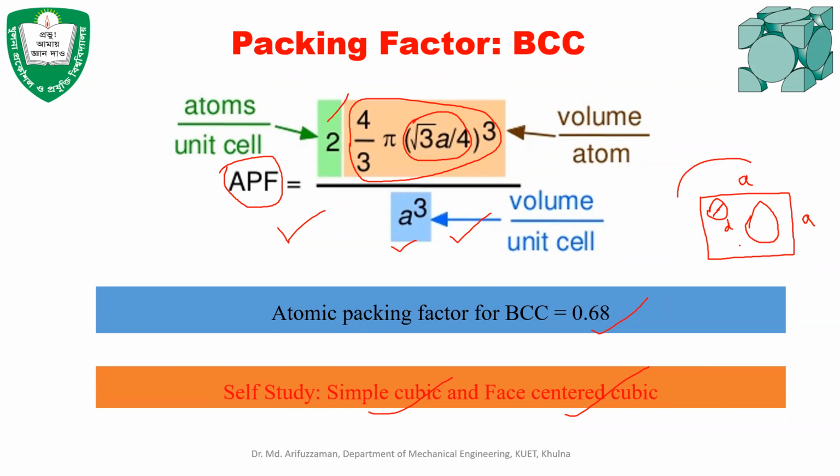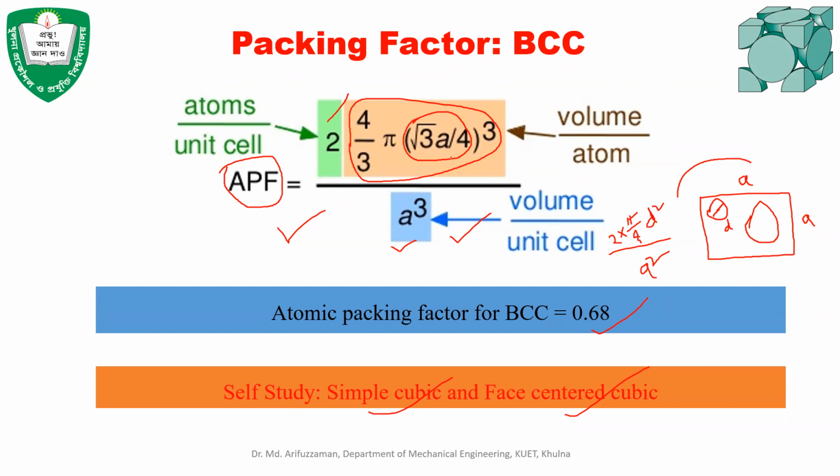To calculate that, we need the total area, which is A square, right? And the area of each atom. One atom has area pi by 4 d square. This is the area of one atom. Then you need to multiply by 2, right?